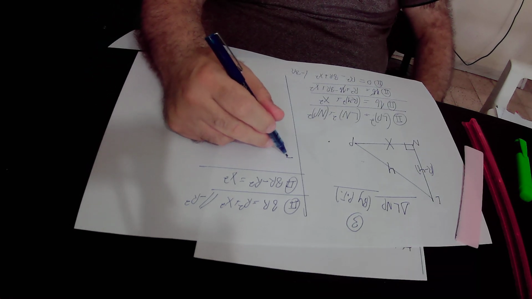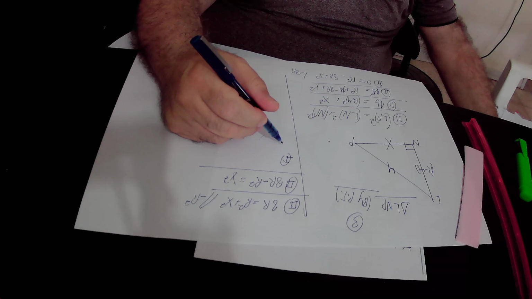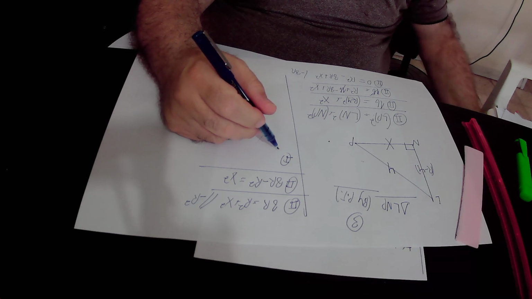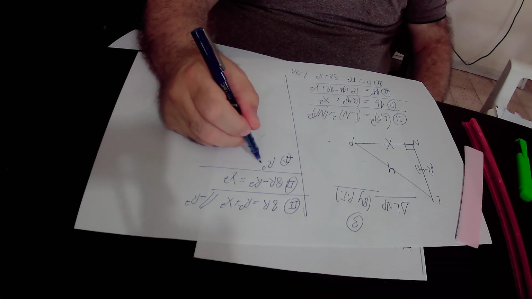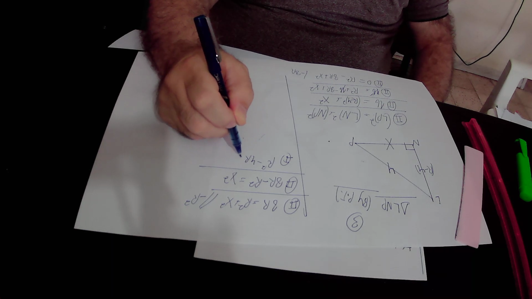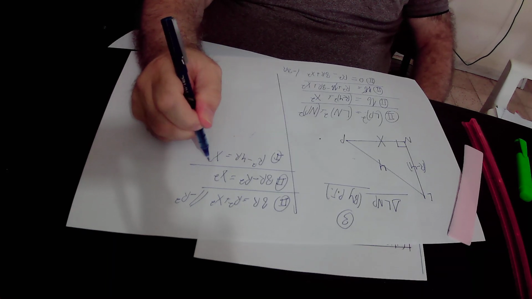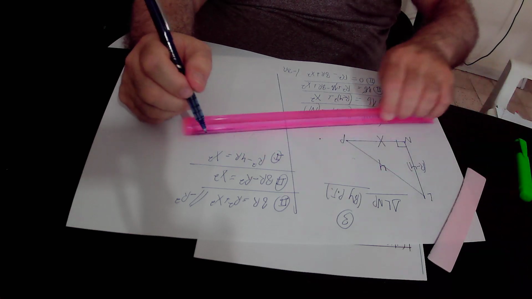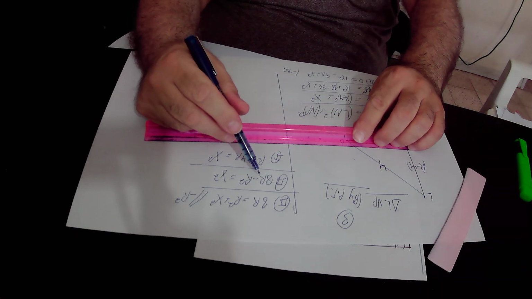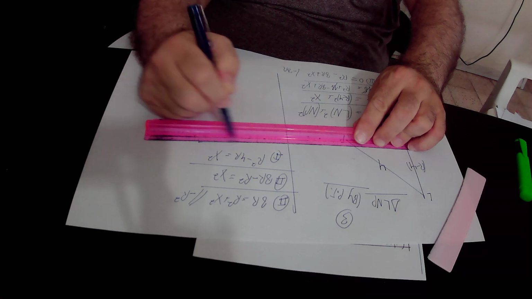According to equation number 1, we have already found out that r squared minus 4r equals x squared. And according to equation number 2, we already found out that 8r minus r squared equals x squared.